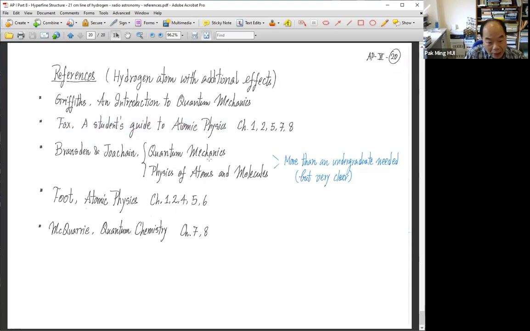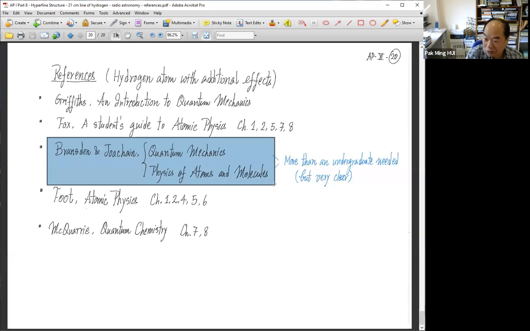And for those who like to learn the theory of atomic physics using quantum mechanics to a very far extent, this is a good book by Bransden, and the authors wrote two similar books. One is about quantum mechanics, very thick, you can learn everything.